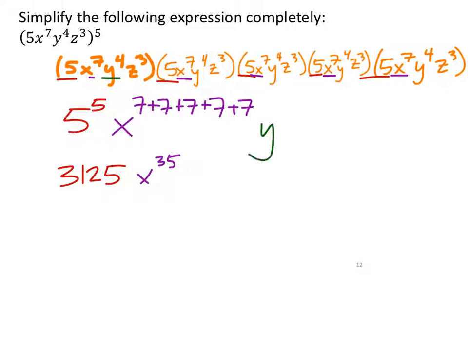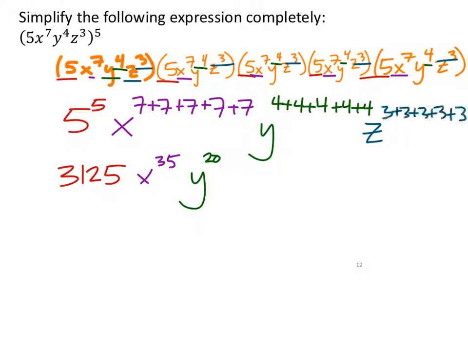So I've got y to the power of 1, 2, 3, 4, 5 4s added together. And then finally the z's. Oh, sorry, the y's. Let's simplify that. 4 plus 4 plus 4 plus 4 plus 4 is 20. Now the z's. Base z, 1, 2, 3, 4, 5 3s. So that ends up being z to the power of 15.